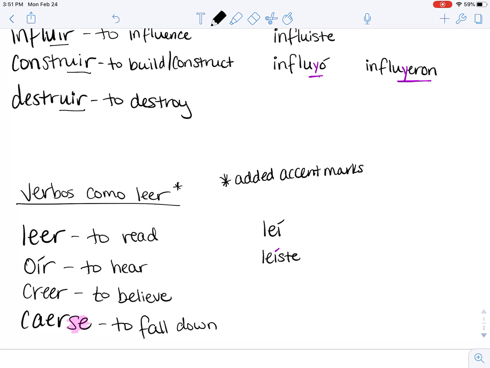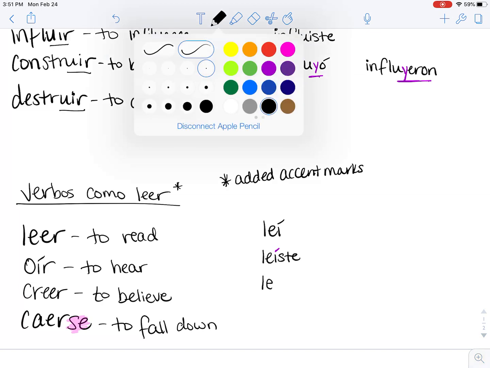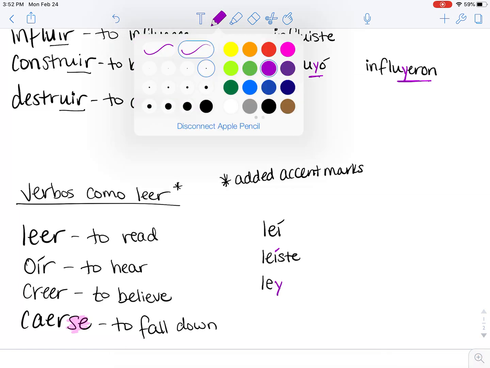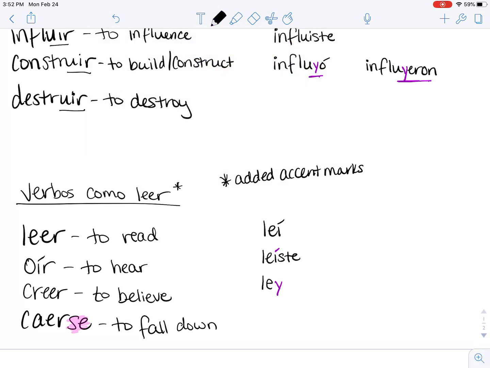So that's an added accent mark there. Then we go to our third person where we're going to make the I to Y spelling change, and then finish off with our normal ending, leyó. Ella, usted leyó.